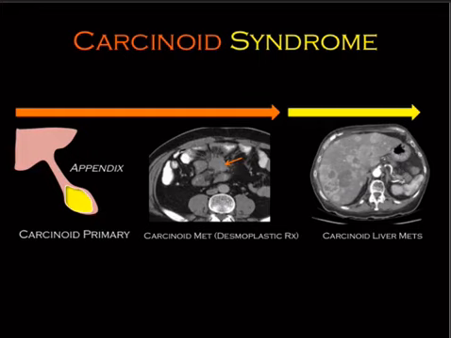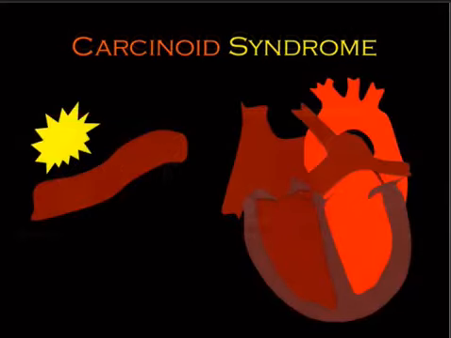But once it overwhelms the liver, then it's unable to metabolize the serotonin, and then you end up with extra serotonin in the blood. And this actually is toxic to heart valves. Well, which heart valves? Well, because it's going through the portal venous system and then draining into the IVC, and then the IVC drains into the right heart, you get a situation like this, where it's bouncing around in that right heart system.